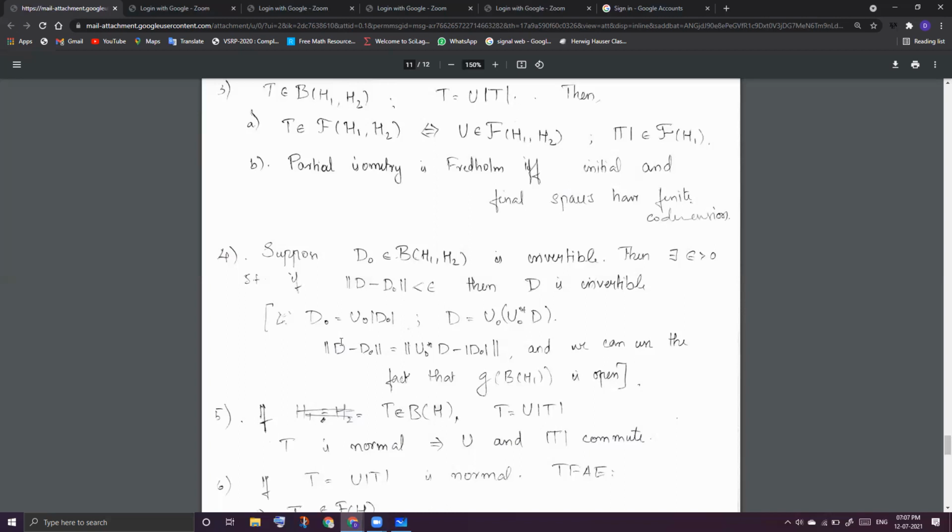This can be proved by taking the polar decomposition of D naught and writing the norm of D minus D naught in terms of U star D minus mod D naught, where U naught is the partial isometry. We can use the fact that invertible operators in B of H1 are open, and using that result, we can prove this.